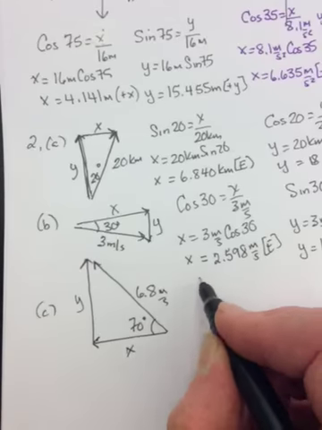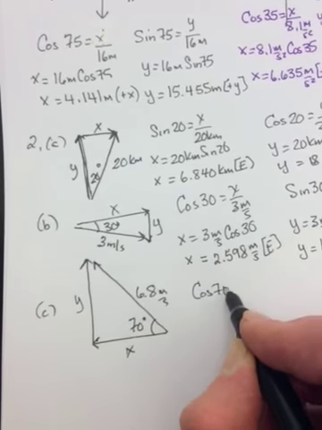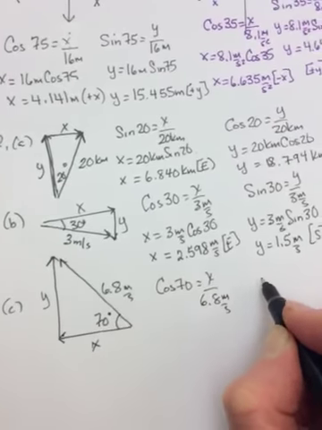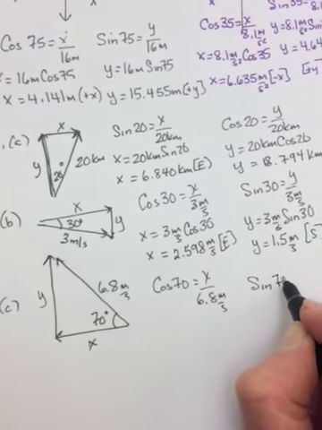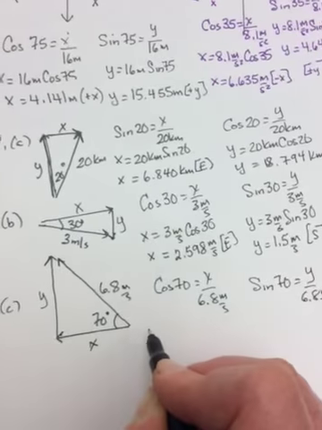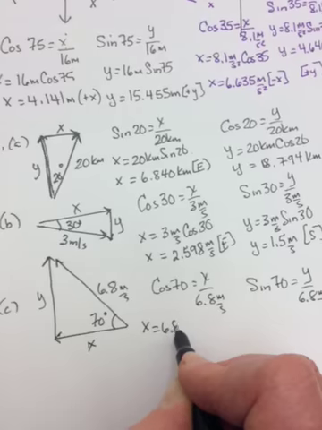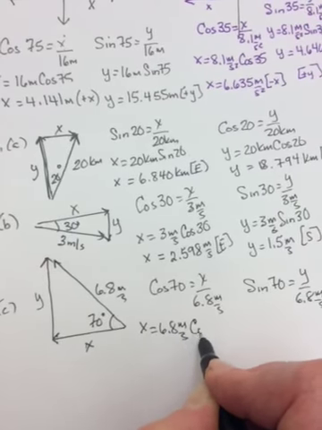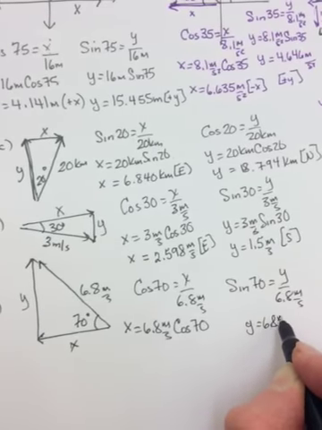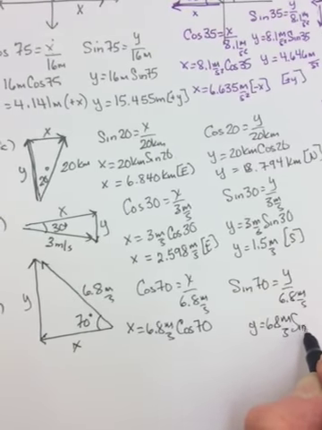X, y. Cos of 70 is equal to x over 6.8 meters per second. Sine of 70 is equal to y over 6.8 meters per second. X is equal to 6.8 meters per second cos of 70. Y is equal to 6.8 meters per second sine of 70.